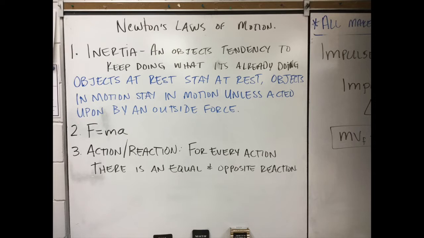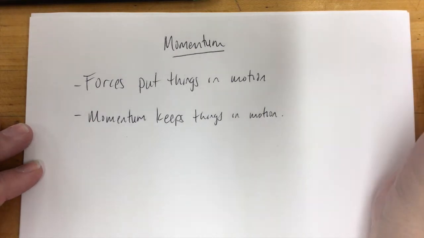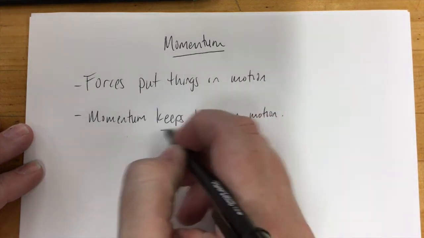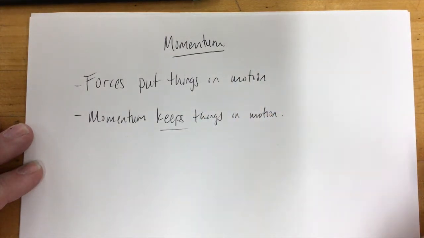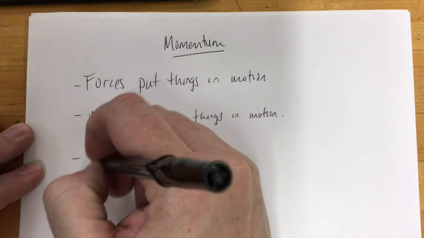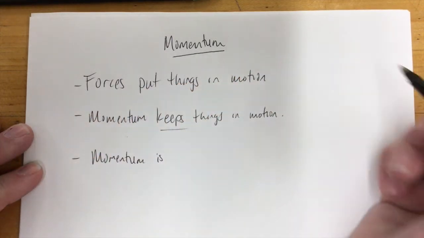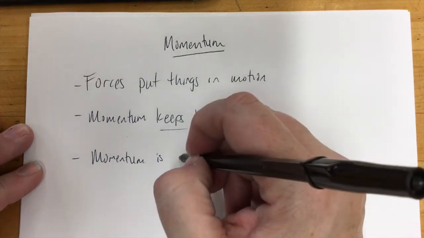The next part we'll be looking at is momentum, and that is when it is moving. So the difference between forces and momentum: forces put things into motion and momentum keeps them in motion. And momentum is a measurement of moving inertia.